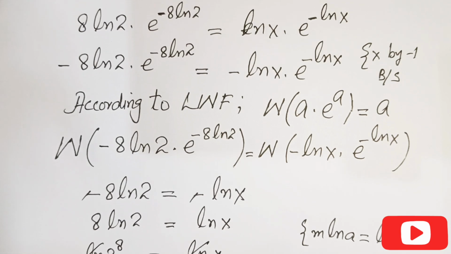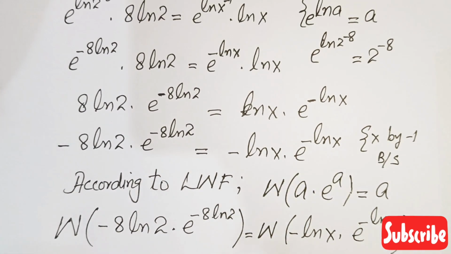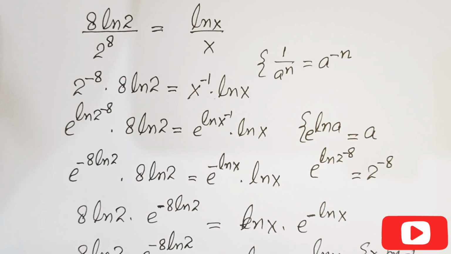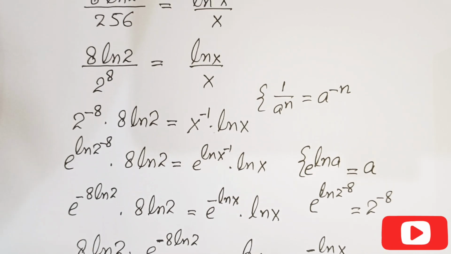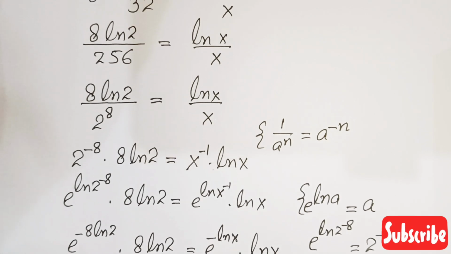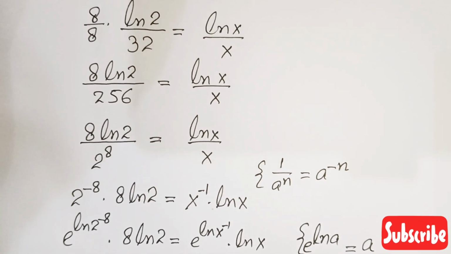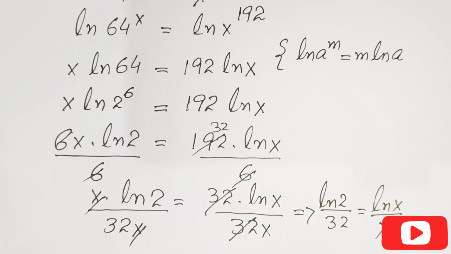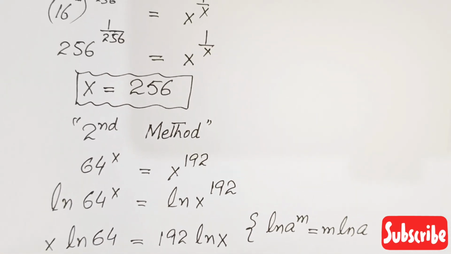So now checking our entire solution, it was our second method by which we found the value of x. In both methods we get the same result. We can also verify this problem using the value of x.